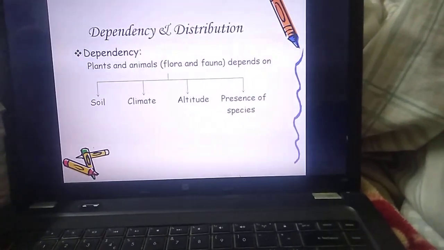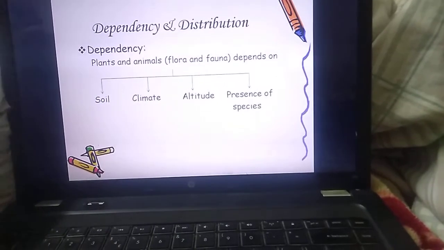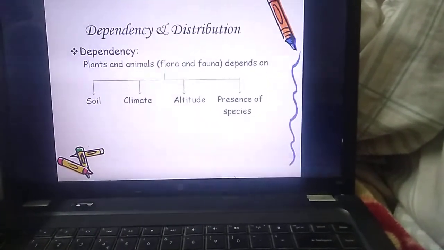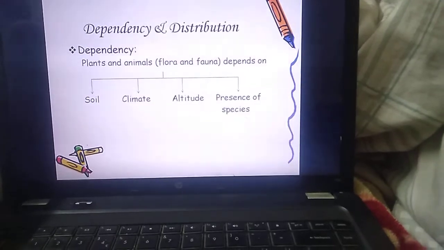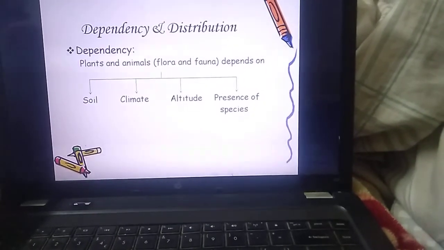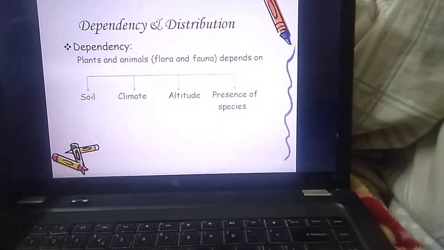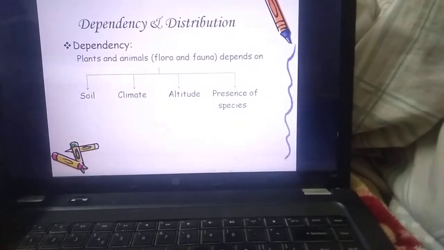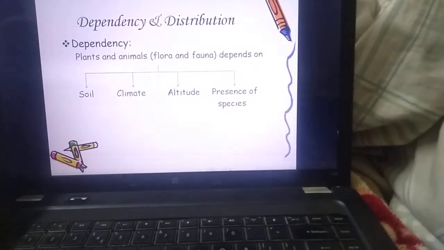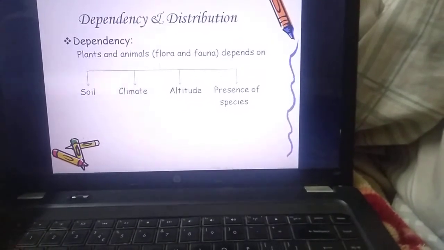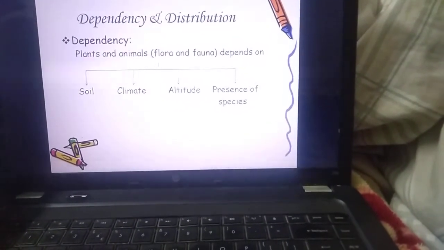Then comes dependency. What is dependency? Dependency means it includes factors on which biodiversity depends. Plants and animals, flora and fauna, depend on 4 factors.